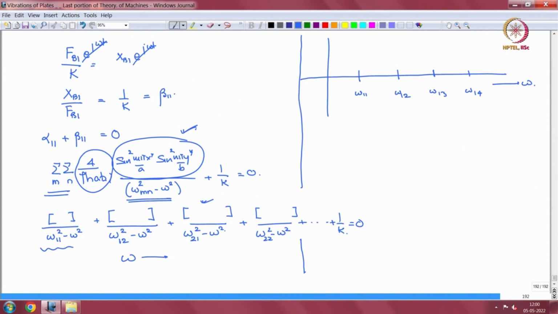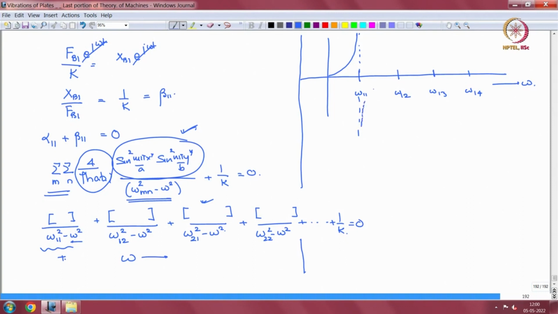Till omega reaches omega 1 1, this is a positive term, and as omega reaches omega 1 1 from below, it goes to positive infinity. As soon as omega crosses omega 1 1, it goes to negative infinity.